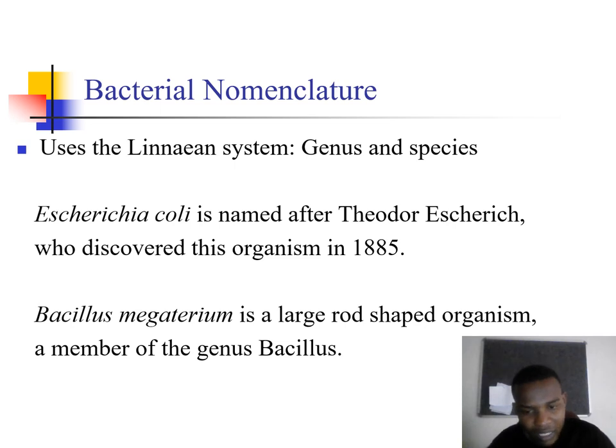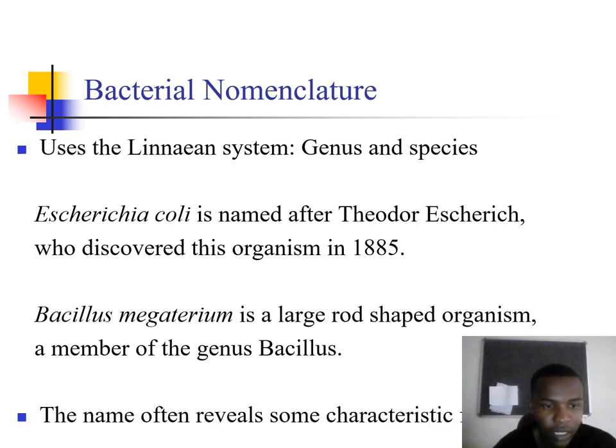So this name, look at it, Bacillus megaterium. Mega means large. Bacillus means rod shaped. So from this name, we can see that there are many features which are revealed.